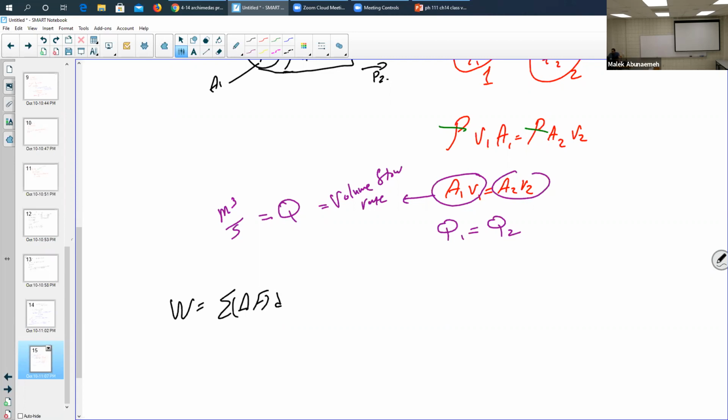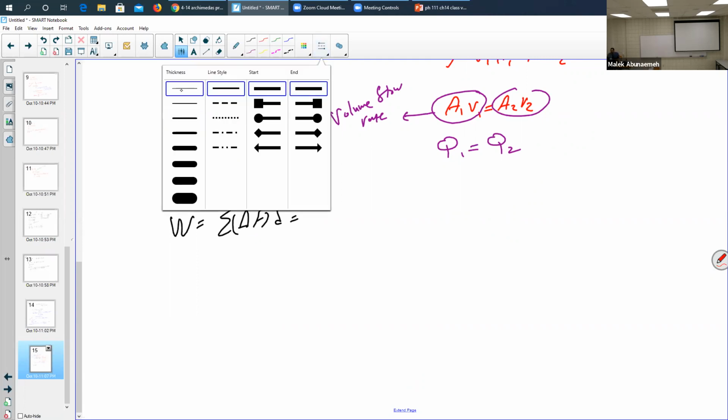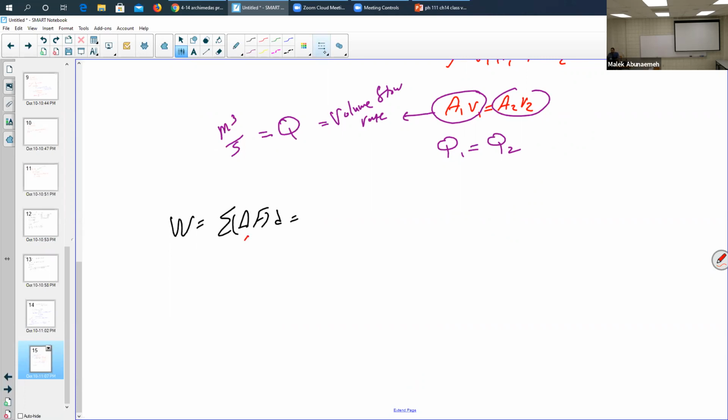The net of all forces multiplied by your distance, and again, your P equals F over A. That means your force is your pressure multiplied by your area.